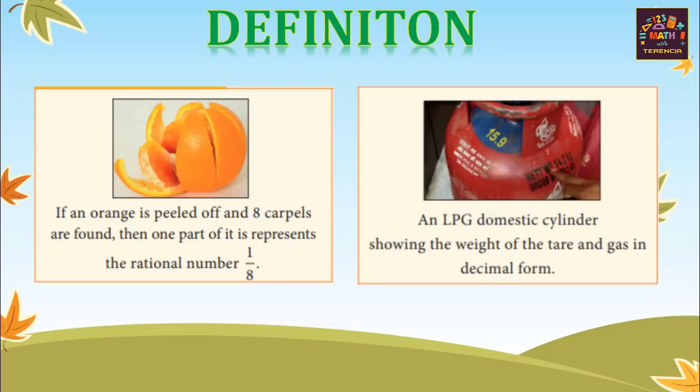The LPG cylinder which we use at home has a net weight of 14.2. This can also be written in a different form. So these are some live examples where we can see rational numbers. I think now you can conclude what a rational number will be.